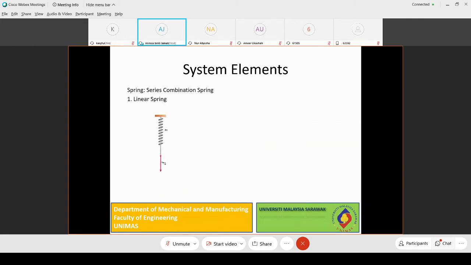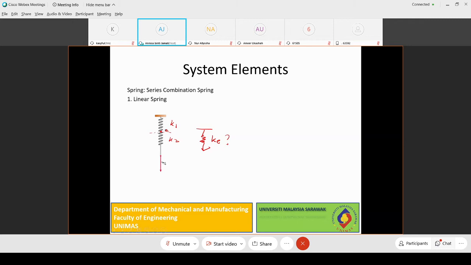So how about the linear springs in series combination? For linear springs in series, there should be two springs here. Let's say I put here K1, here is K2. So you imagine there are two springs connected with each other, K1 and K2. So what is the KE value here?